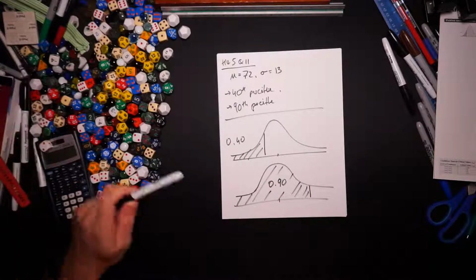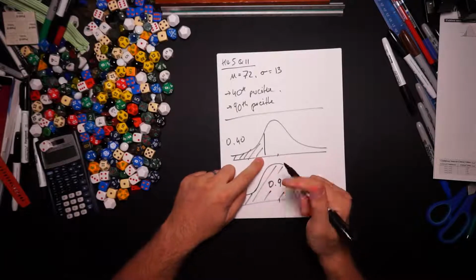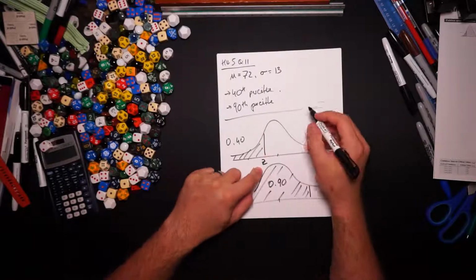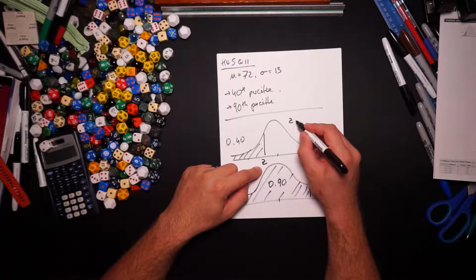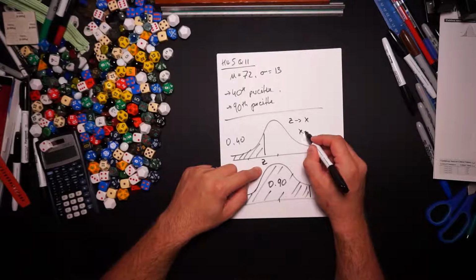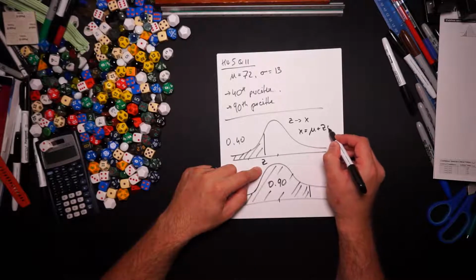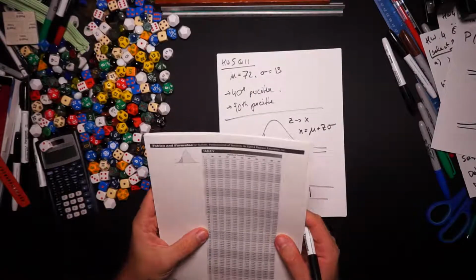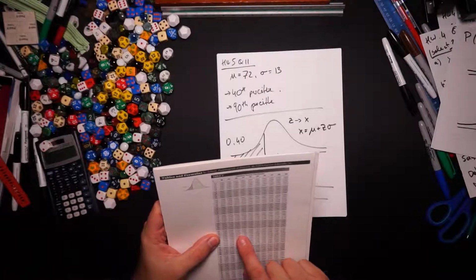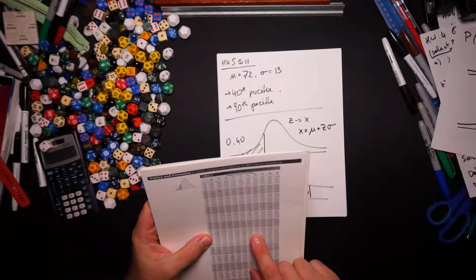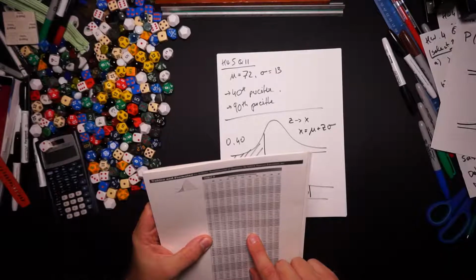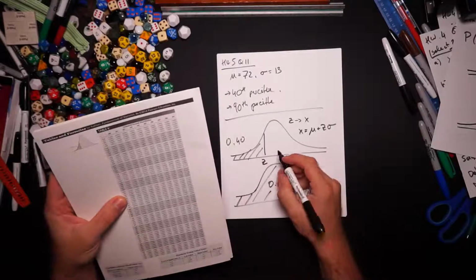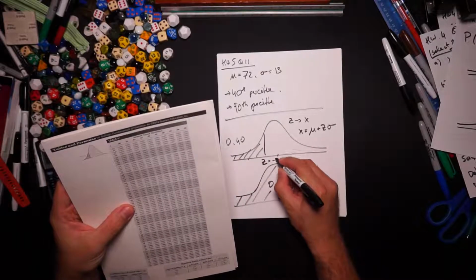So let's crack it. What does 40% mean? It means that there's some z-score here that's going to be responsible for this cutoff, right? And then from the z-score, we can get to the x. How? Well, x equals mu plus z sigma. So let's find this. We look in our table, and I got 40% right here at negative 0.25.